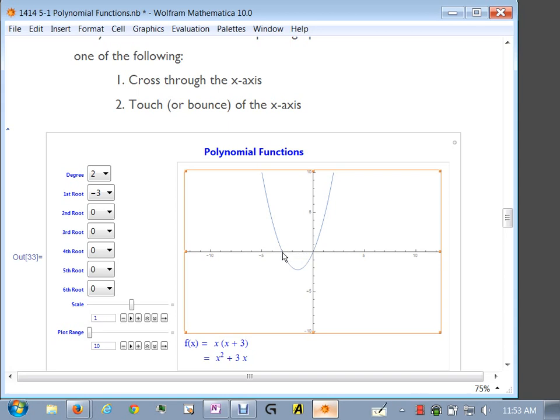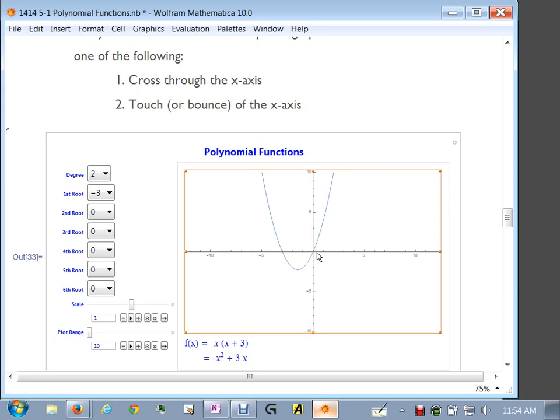0 and -3. Okay, because 0's an x-intercept, that means that x is a factor. Why? That's right, x minus 0 is x. Exactly. I'm going to write this down over here.